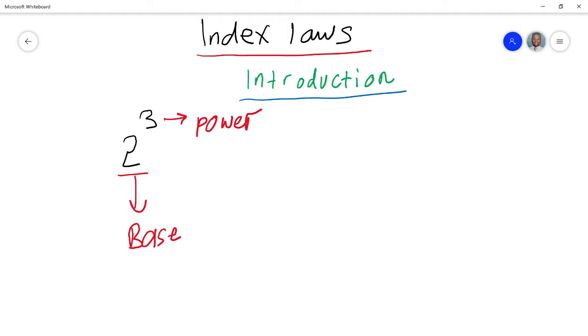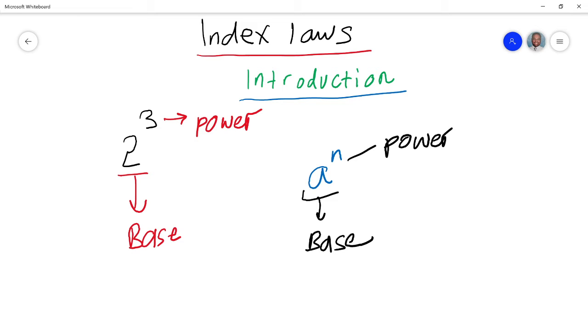When you're looking at index laws, you've got to be familiar with what the words power and base mean. Another example is a to the power n. We know a becomes my base and n becomes my power. It's not just about numbers like 2 to the power 3.